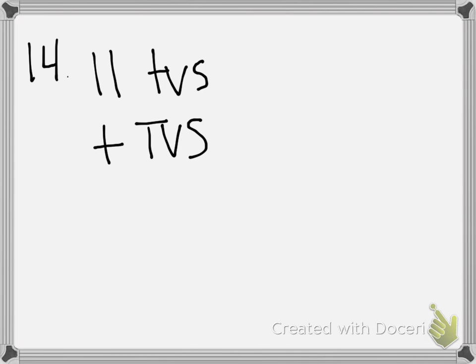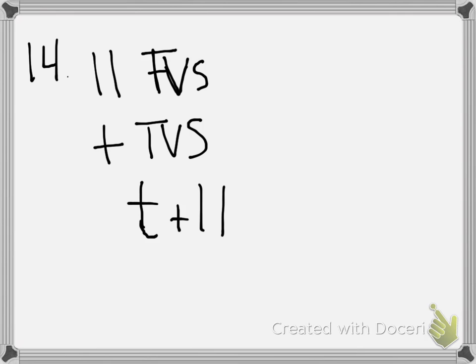So I have 11 TVs and T TVs. Sorry, these T's should have been capitalized. And I'm trying to find the sum. The sum is a key word for addition. So my algebraic expression would be T plus 11. So this is actually the letter T plus 11.